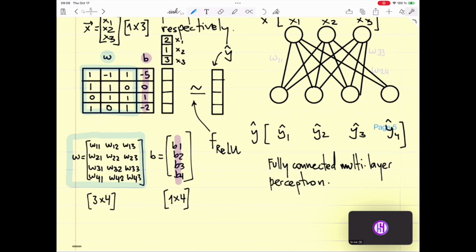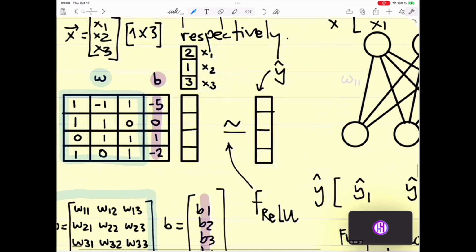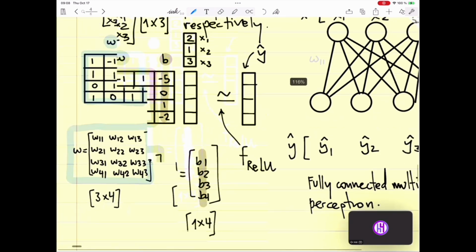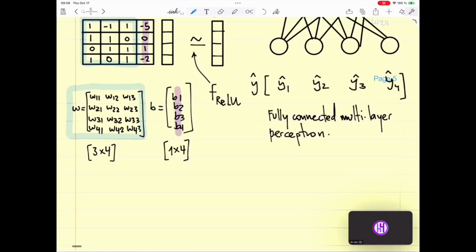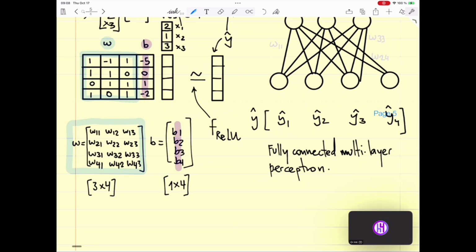Let's do the calculation then. I'll do it first with numbers. So I get the sum of w_i x_i plus b.